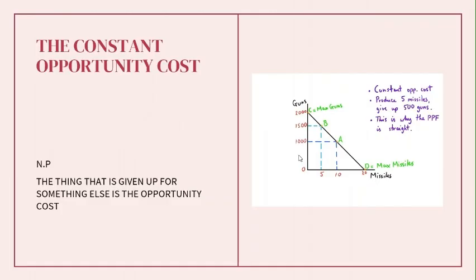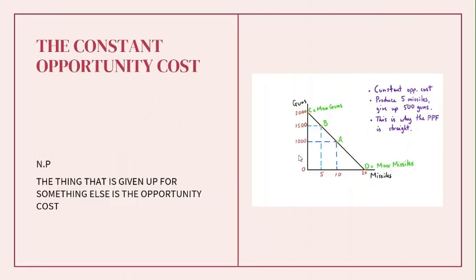So when we compare guns and missiles, if you look at the graph, for guns we have 2,000, 1,500, 1,000. We see a deduction by 500 points. So we start off with 2,000 guns, but in order to produce 5 missiles, we had to give up 500 guns. So we have to give up something for something else.